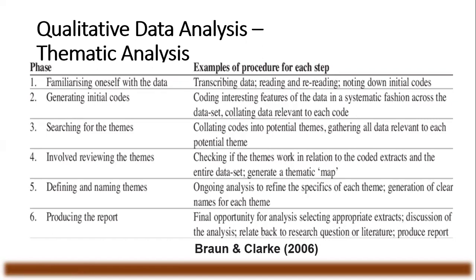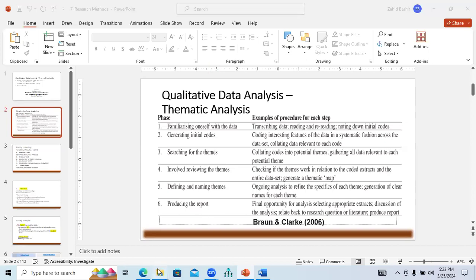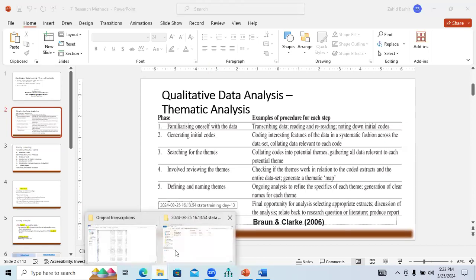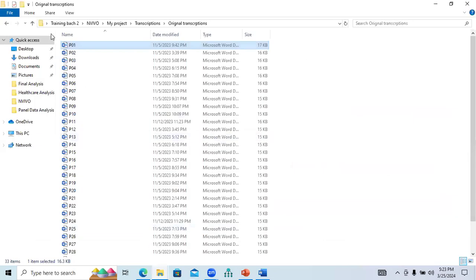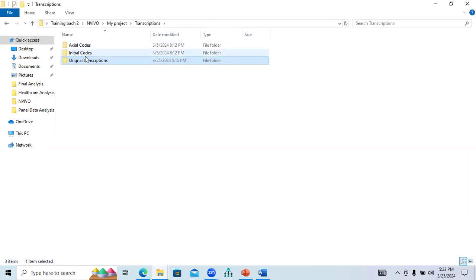In the second step, you generate initial codes, because in the coding procedure, if you remember, there are three types of code that we need to generate if we are going to apply thematic analysis. These codes are initial codes, axial codes, and theoretical codes or selective codes.